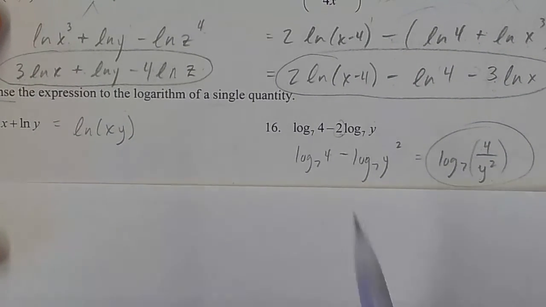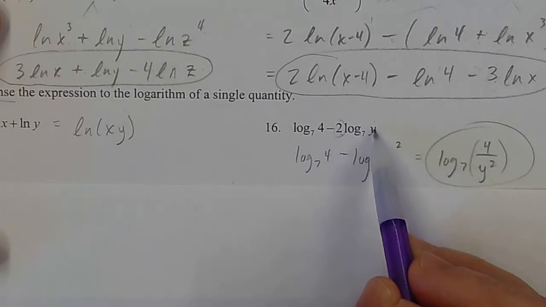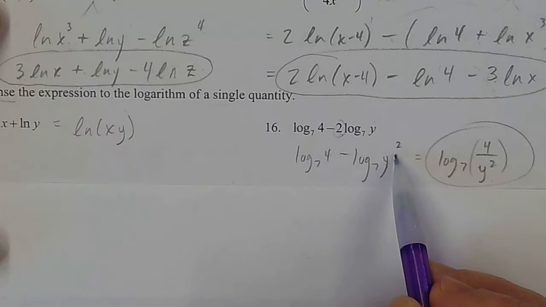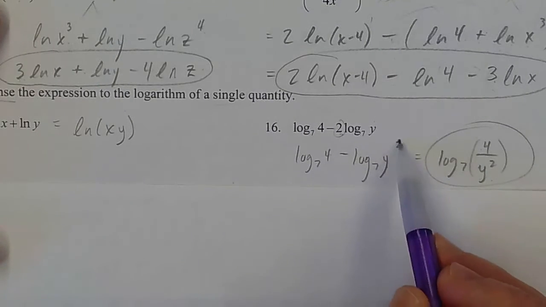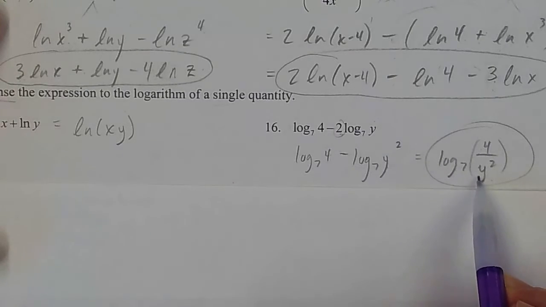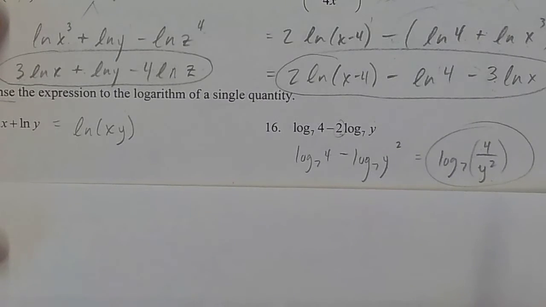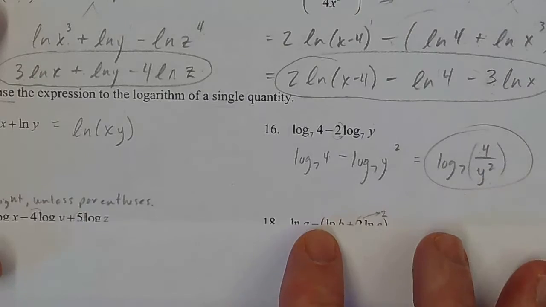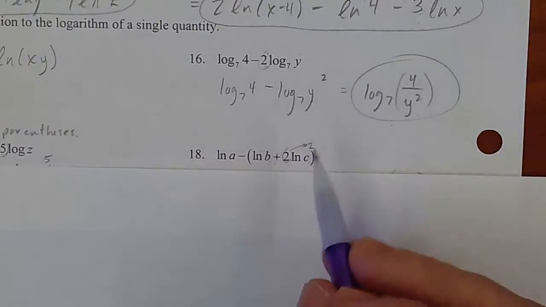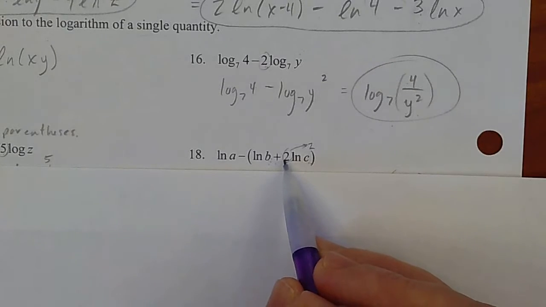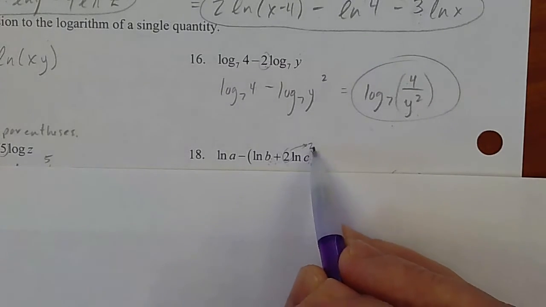All right, here's 16. I've got a coefficient of 2, so let's write that as y squared. Now I'm going to go from 2 logarithms to 1 by doing u over v. And there's really nothing else we can do. Okay, 18. Now I have parentheses, so we're going to start with these 2 logarithms that are in parentheses. So that 2 can be written as c squared.